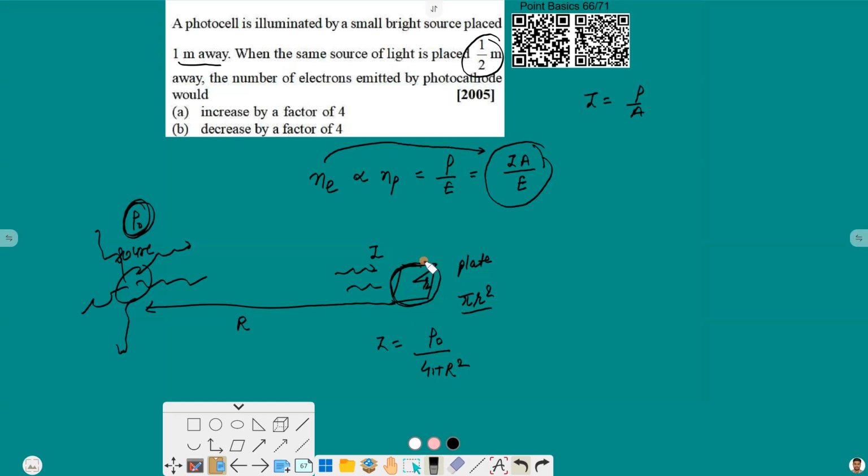This I is going in every direction uniformly, so the energy per unit time, or basically the power delivered to this plate, will be P node by 4 pi R square into pi a square. So the power delivered to the plate is proportional to the area of the plate, or the radius of the plate square, divided by the distance square.